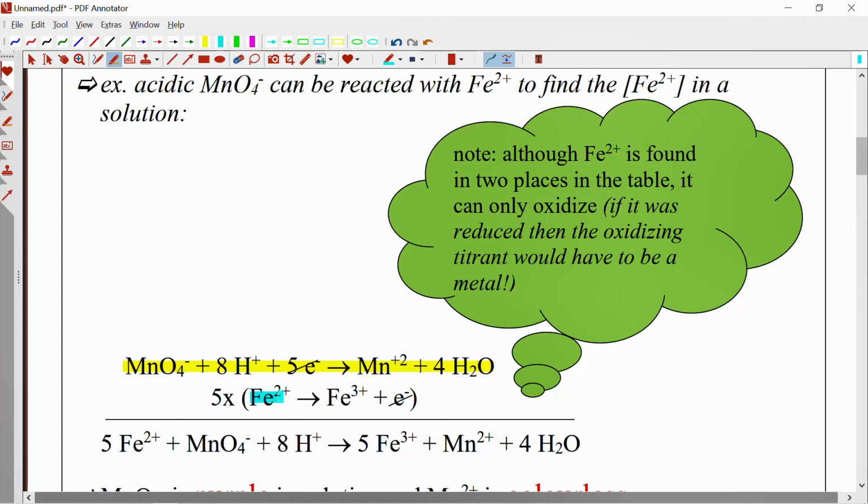Because this is a multivalent metal, we can go from iron 2 to iron 3 if it oxidizes and loses an electron. Then we notice there's an imbalance in the electrons, so you know how this goes. We're going to multiply everything through by 5, and that gives us the following overall redox reaction equation. That's going to be important when we do our titration calculations, because all those coefficients help us get the mole ratio for the stoichiometry involved in that calculation.